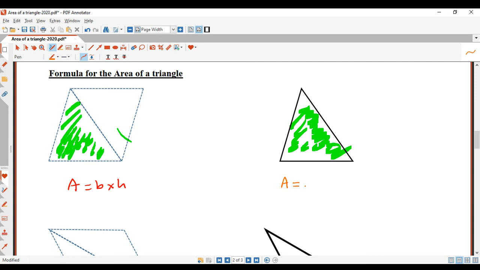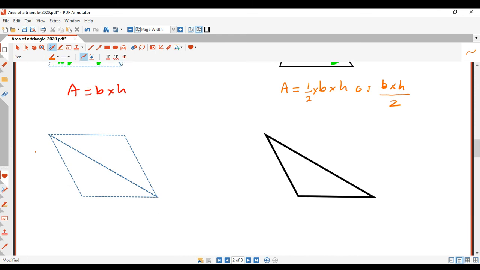So area equals half the base times the height, or a half times the base times the height. Or we could write this as base times height divided by 2. Okay, so this parallelogram is base times height, and the parallelogram is made of two of these triangles. So the triangle is half the area of the parallelogram.